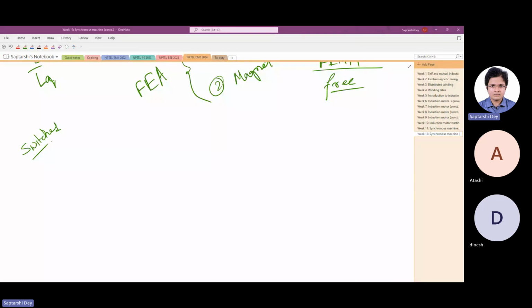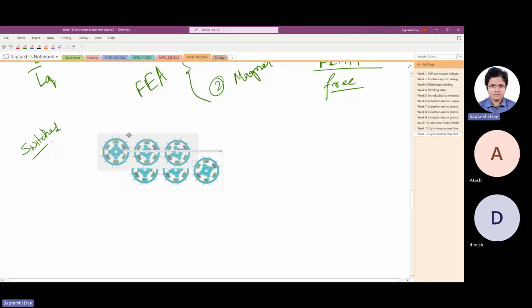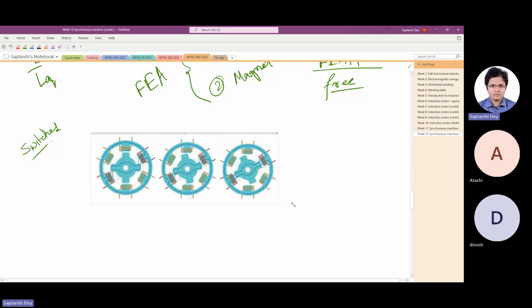If you know how to make an electromagnet, and if you know magnet pulls iron, then this is the first motor that will ever come to your mind, and that is what happened to human beings. The first ever machine to come to their mind was this switched reluctance motor.